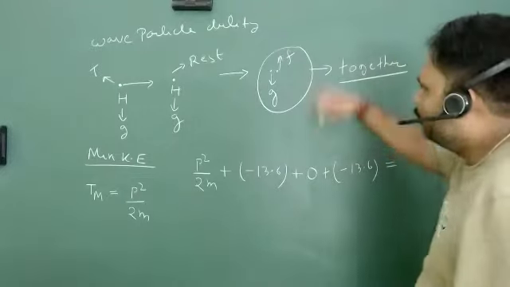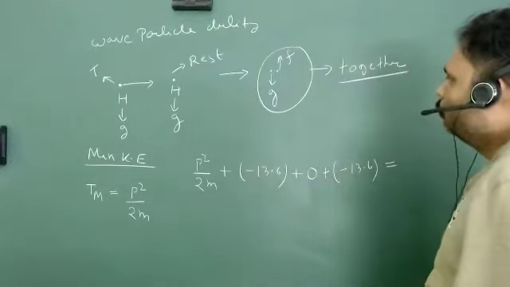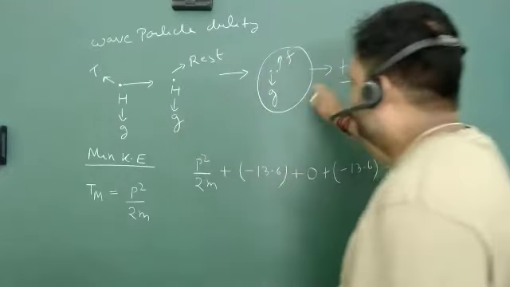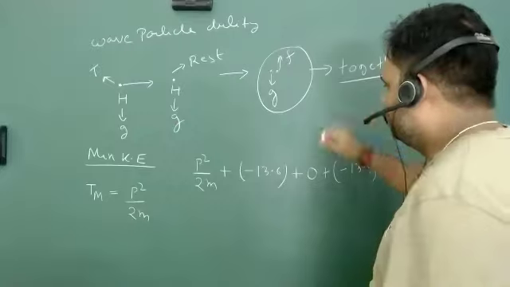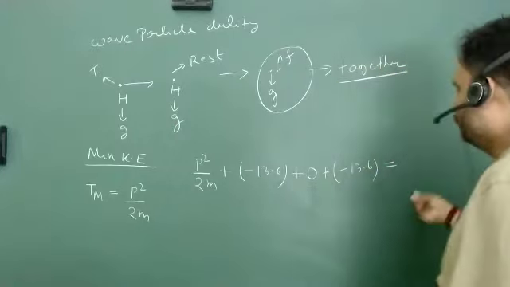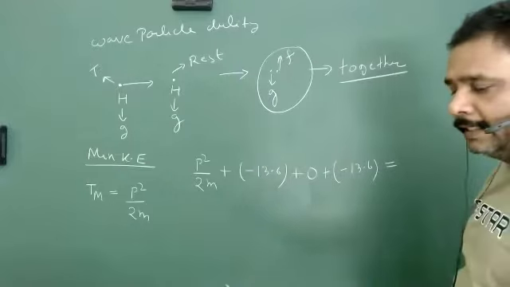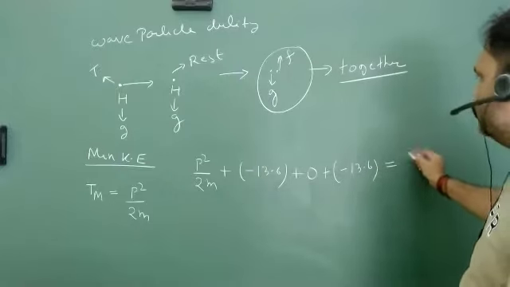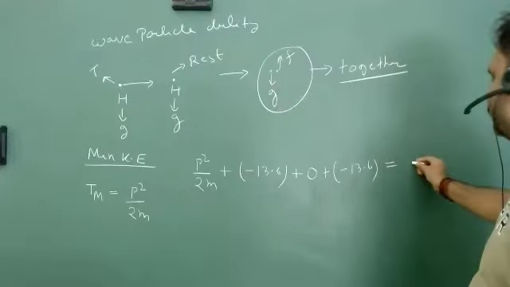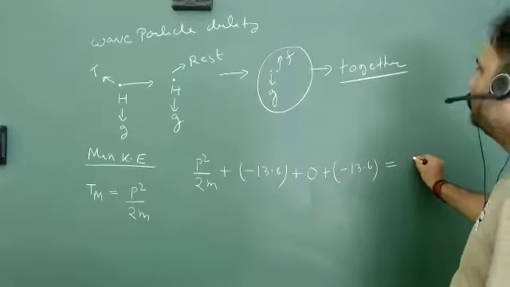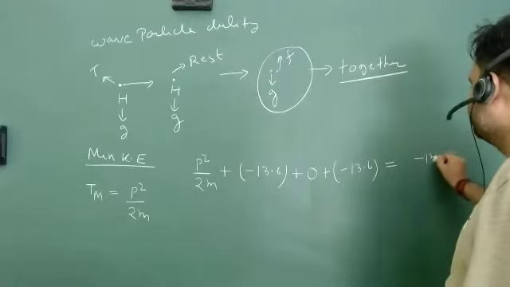And after the collision, both will move with the same momentum. So what will the possible kinetic energy be? First, one will be in the ground state, which is minus 13.6.